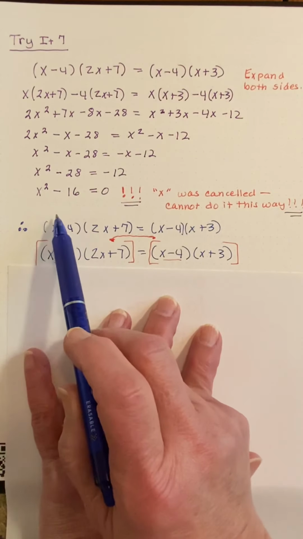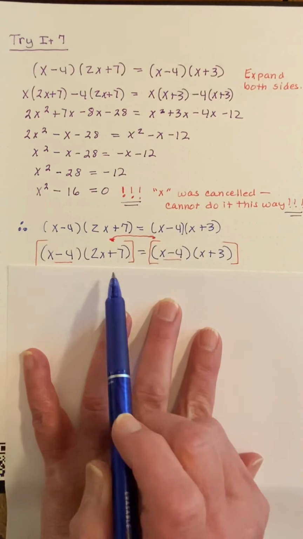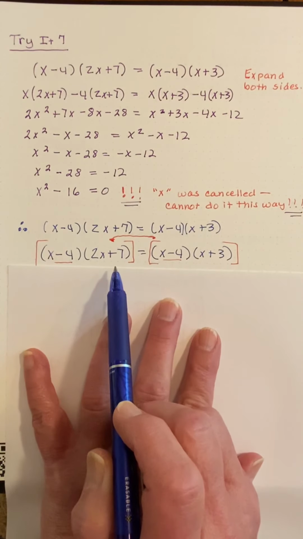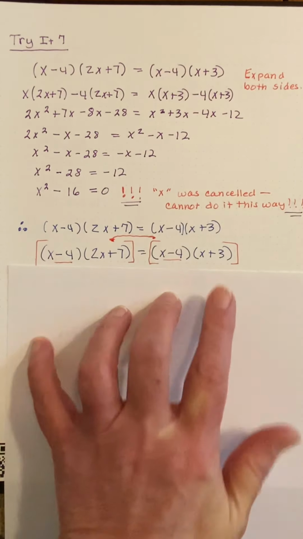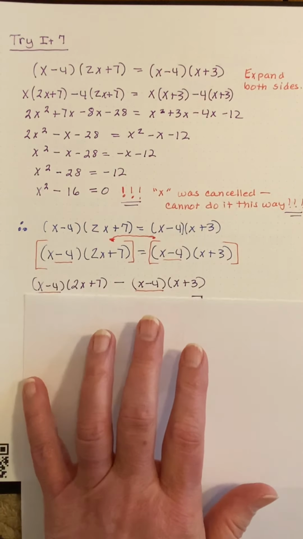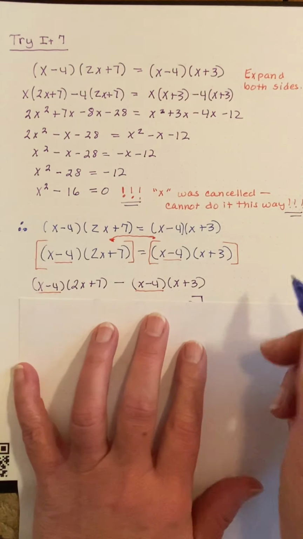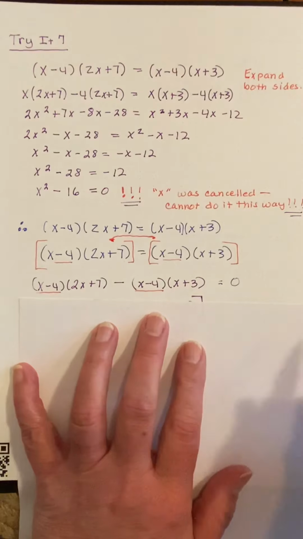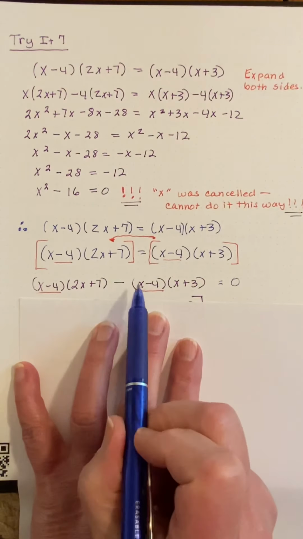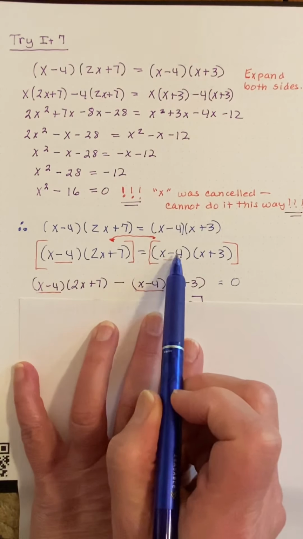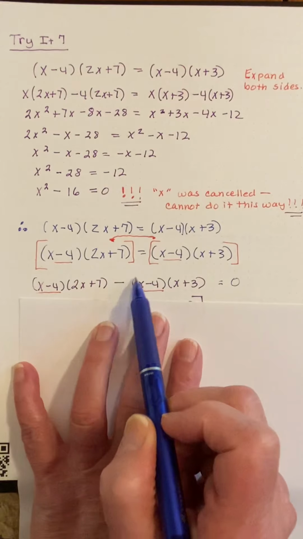So remember what I said up here? This time I am putting a huge bracket around each side. And I'm just going to bring this thing over, and it's going to equal 0. As I'm combining things, after I brought this over, I minused it from this side to bring it over.